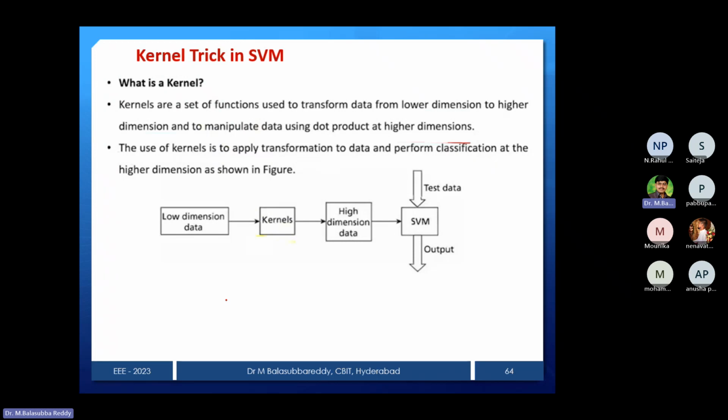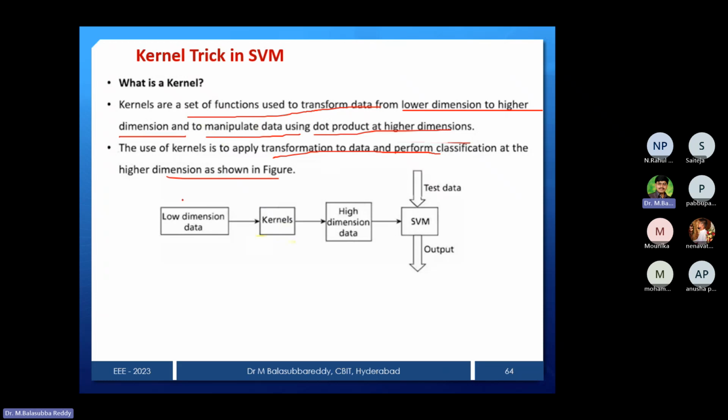In that case, kernels are the foundation used to transform data from lower dimensional to higher dimensional data and to manipulate the data using dot products at high dimensions. We convert low dimensional data to high dimensional data. Kernels apply a transformation to the data to perform classification at higher dimensions.